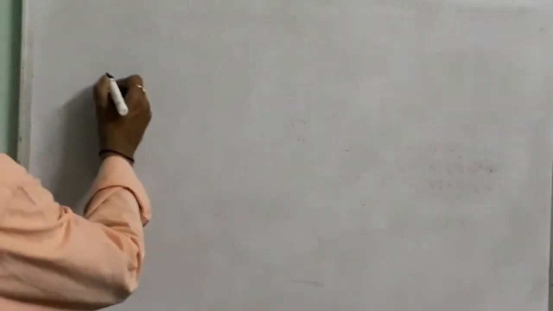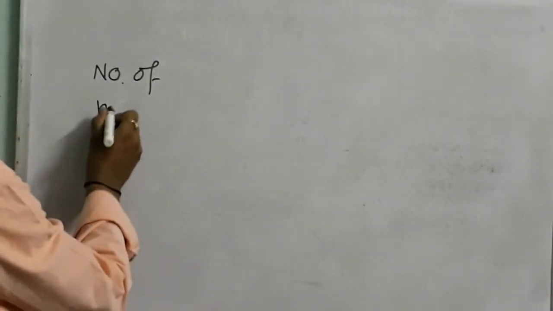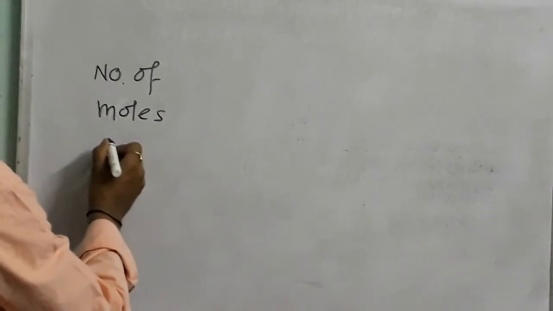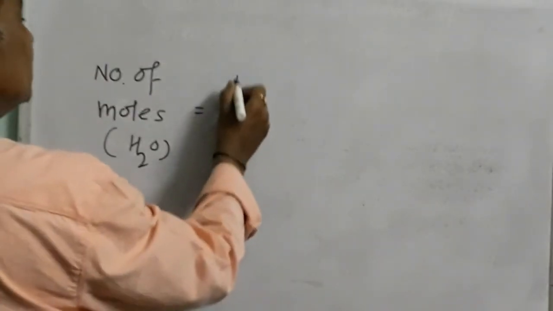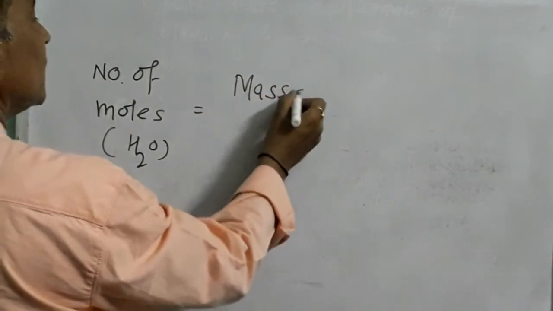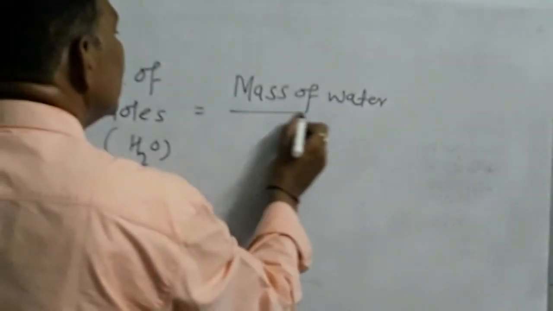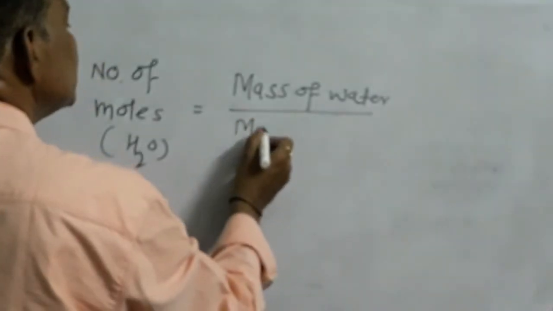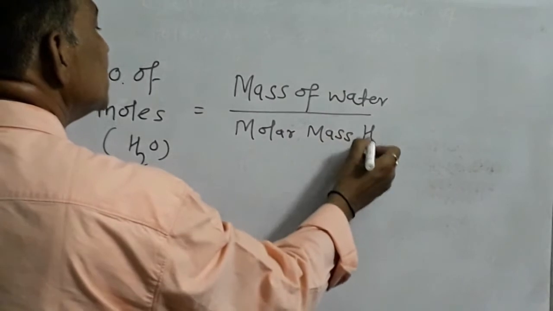Again, number of moles, the symbol for that is n. In case of water, it must be equal to mass of water divided by molar mass of water.